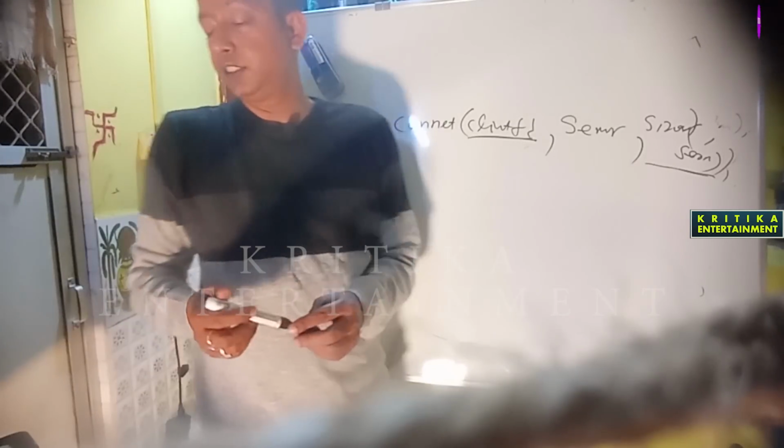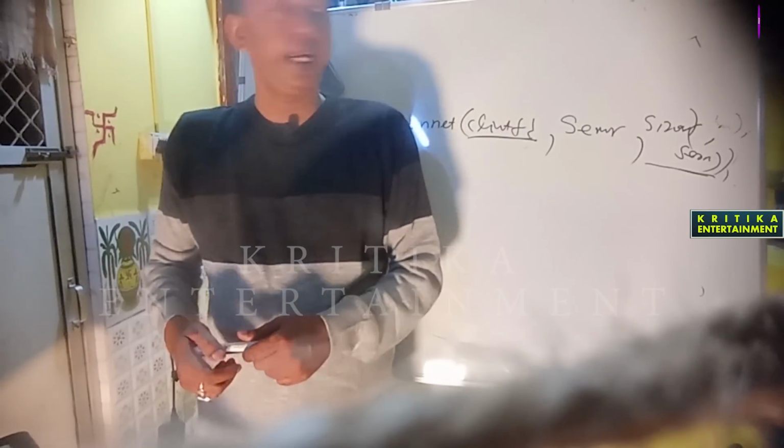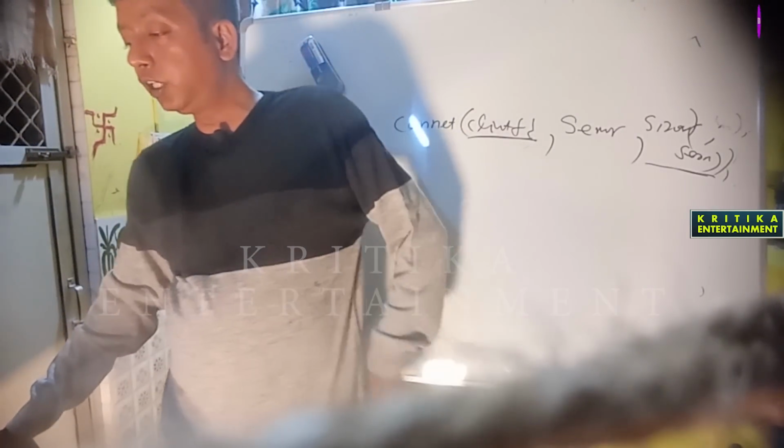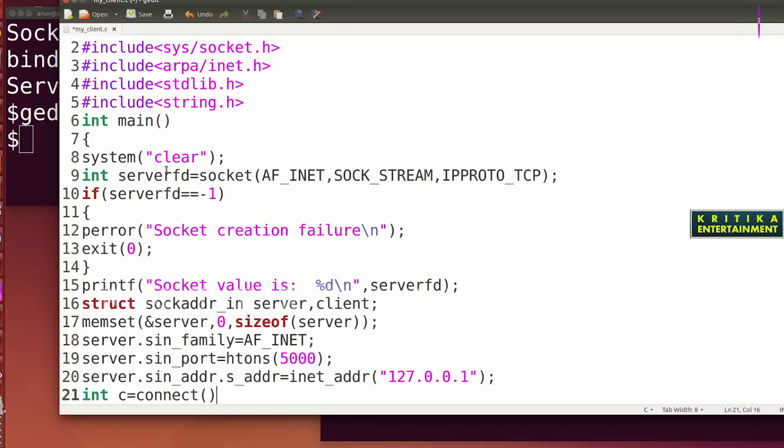Then how to write this? You will see here and connect. Okay, so I will just change here. Instead of server FD, this is the client machine, so here I use the client FD. Okay, client FD. Then here, no need to declare it, it is the client itself.